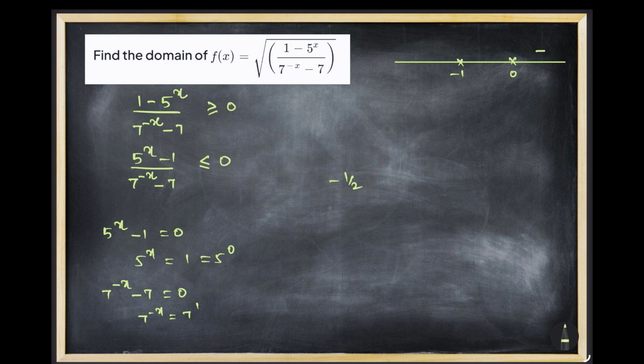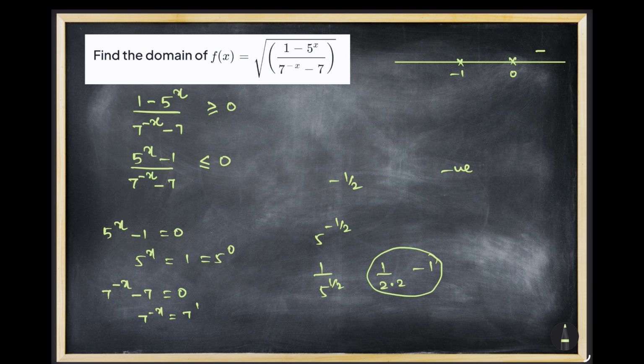So look at what will happen. 5^(-1/2), can I write it as 1/5^(1/2)? And root 5 is 2 point something. So 1/2 point something, minus 1, is a negative number. So the numerator is negative.